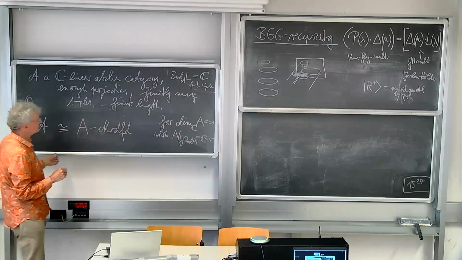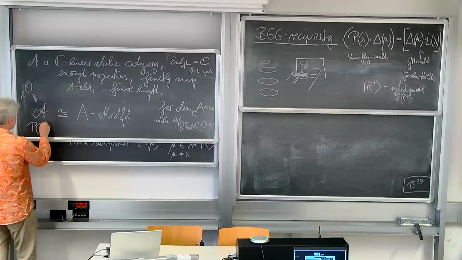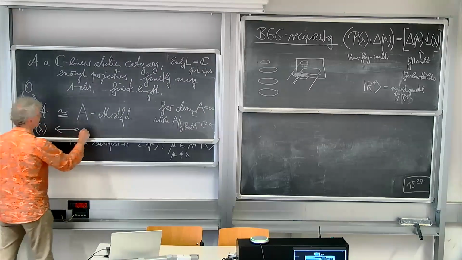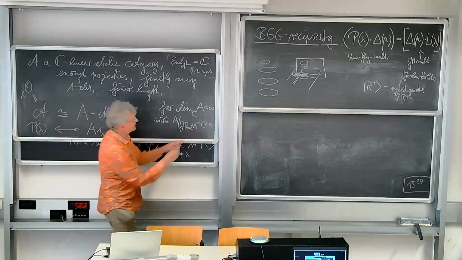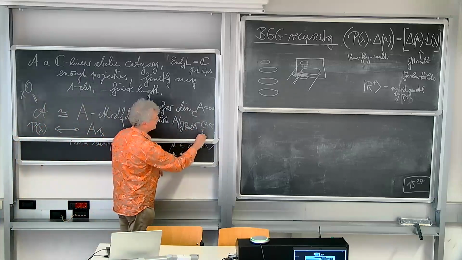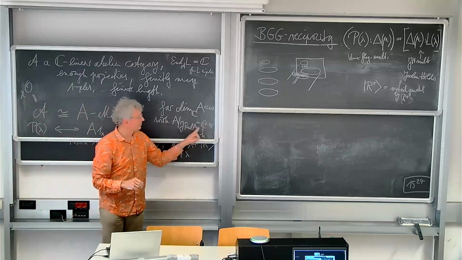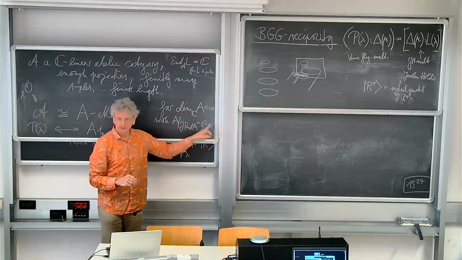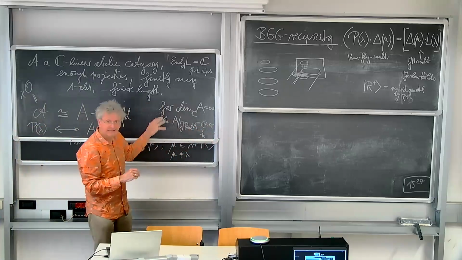And the indecomposable projectives correspond to these A 1_x, where 1_x is the idempotent. I assume that A modulo the radical is just a product of copies of the field, and then the algebra is called basic.